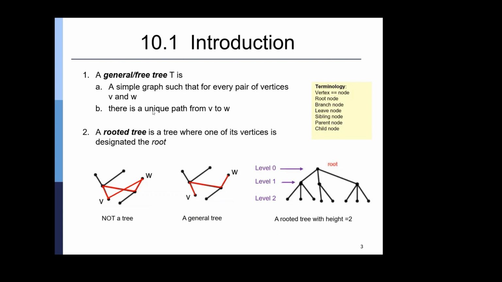Now, a more specific tree is called a rooted tree. A rooted tree is a tree where one of its vertices is assigned as a root. The root is always at the top of the tree. A tree in data structure is not like the biological tree.